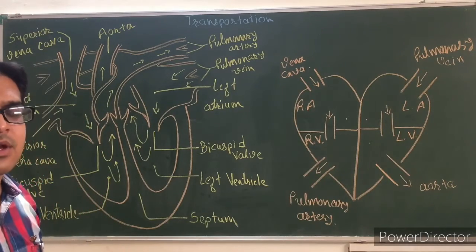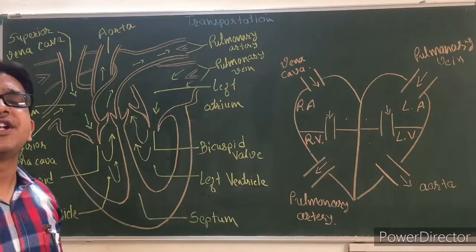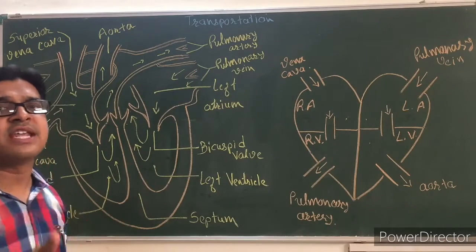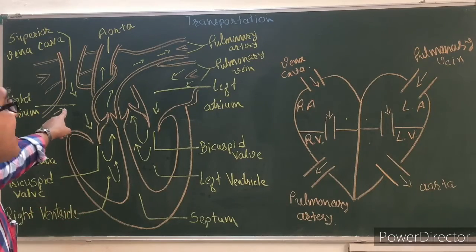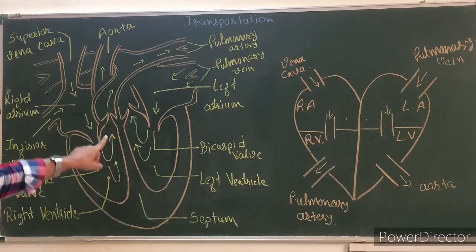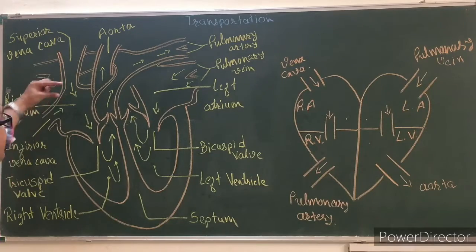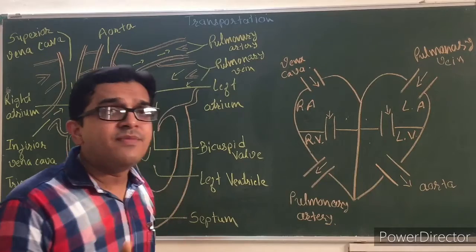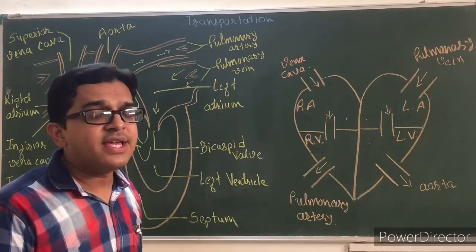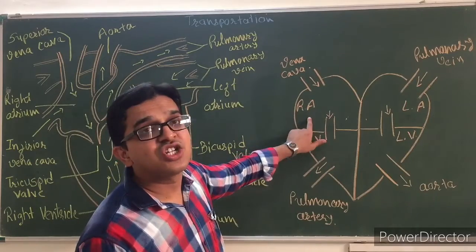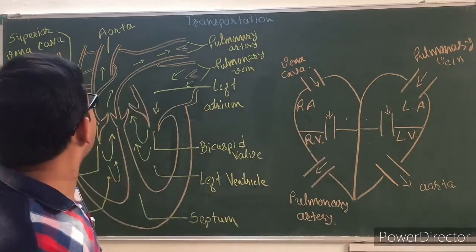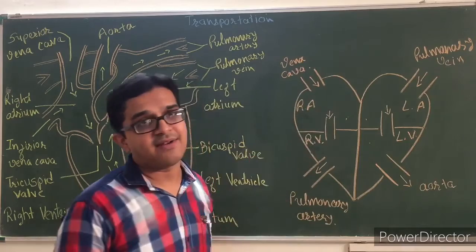During this time, the deoxygenated blood from the various parts of our body enters the right atrium through the superior and inferior vena cava.